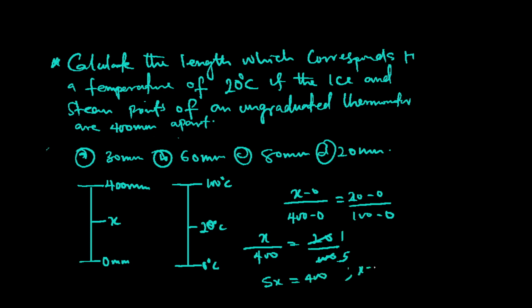So X is equal to 400 over 5, and that will be 80 millimeter. DJ, are you able to spot your mistake? Yes, sir. Okay, please avoid that subsequently.